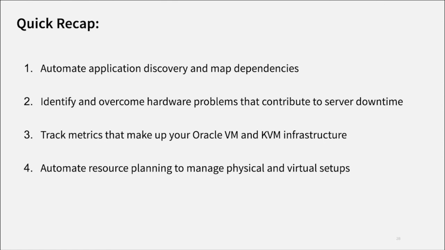We saw different server metrics and VM metrics and the important fundamental metrics. And then we also saw the hardware problems, some of the hardware metrics that we need to monitor in order to have a comprehensive infrastructure monitoring strategy. We took a look at some of the metrics that we collect in the recently added technologies in the infrastructure module, that is the Oracle virtual machines and kernel-based virtual machines.